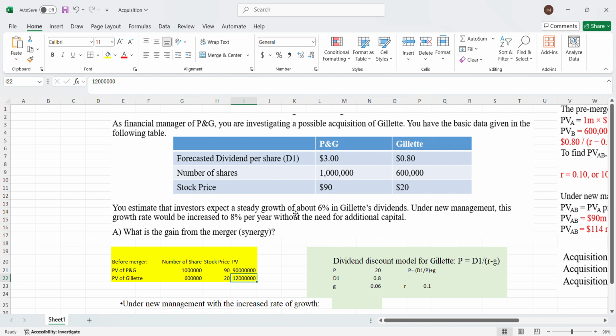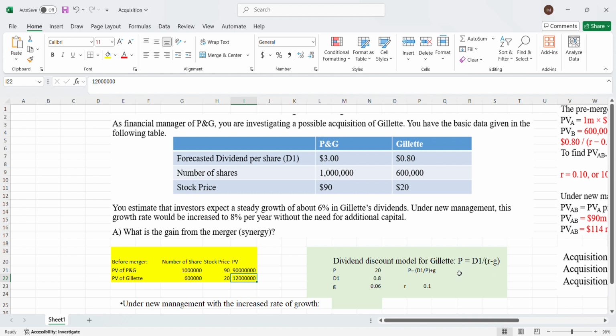Here we can see that the growth rate is 6% for Gillette's dividend. We only have to change the values for Gillette because there is no new information on P&G. So we will stick with the same information for P&G, but we have to accommodate the changes in Gillette. First let's calculate the rate of return. Here you can see the dividend discount model for Gillette.